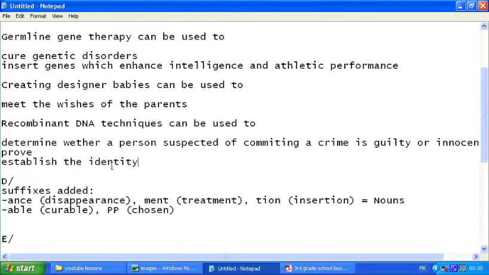If we find someone dead, and we don't know who he or she is, we can use recombinant DNA techniques and compare that to some suspected relatives, and we can know for sure who that person is. To prove parental links is another use. So these are the uses of recombinant DNA techniques.